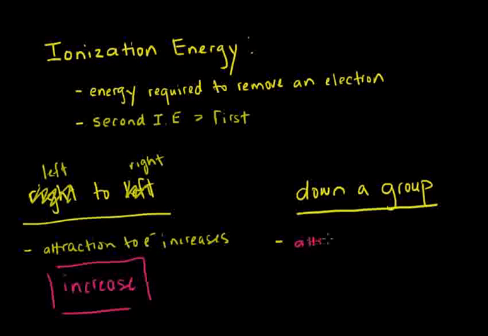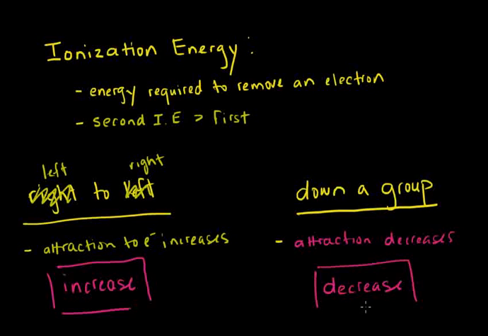So attraction decreases. Because attraction decreases and there's less force pulling on that electron from the nucleus, ionization energy, the energy required to remove an electron, is going to decrease. So ionization energy decreases as we move down a group.